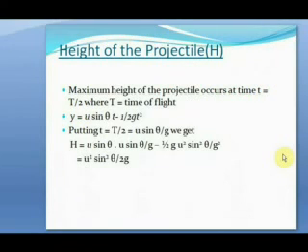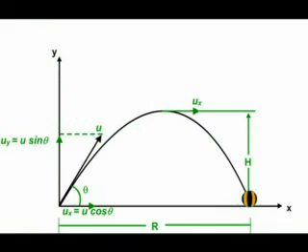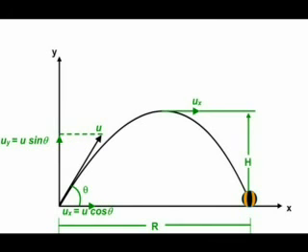Now let's calculate the maximum height of the projectile while in motion. The maximum height of the projectile occurs at time t is equal to capital T by 2, where capital T is time of flight. Now let's see this graphically. As we know, the path of the projectile is a parabola, and the maximum height occurs at this point, which is symmetrically located.